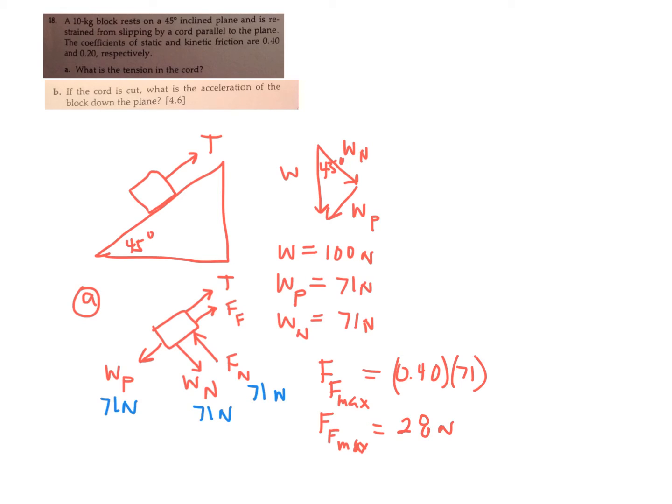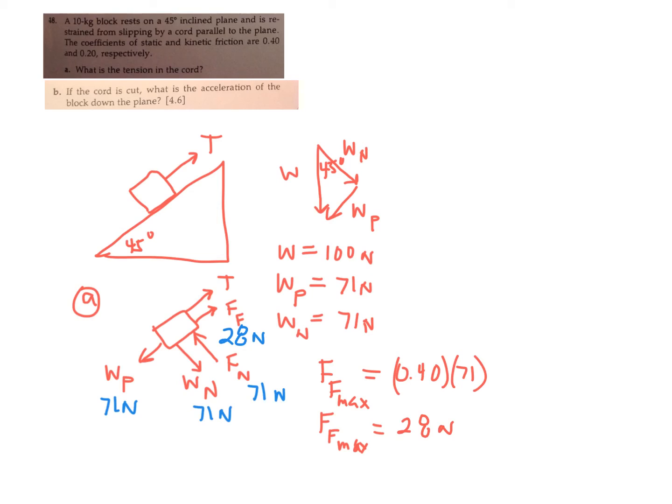So the tension, right now there's a 71 newton force trying to pull it down the ramp. Let's put the 28 over here by friction. So the rope has to help out a little bit to keep it from sliding down, at minimum. Let's just figure it out, because right now this is at rest, it's not accelerating.